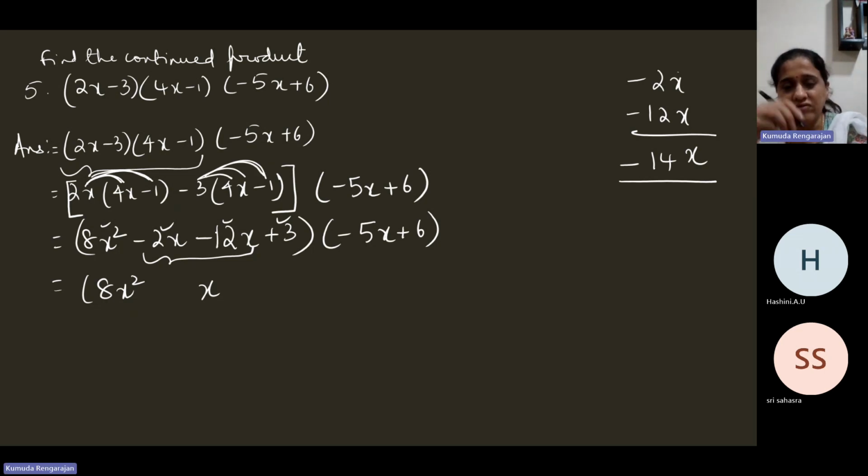Once you get the terms after multiplying, after that it's going to be addition or subtraction based on the signs. If you have same signs, add. Different signs, subtract. And when you're adding or subtracting like terms, the letters you see, x, y, z, will come down as it is. Minus 2, minus 12, same sign. Add: 14, 12 and 2 is 14. Put the same sign. So it'll be minus 14x plus 3 minus 5x plus 6.